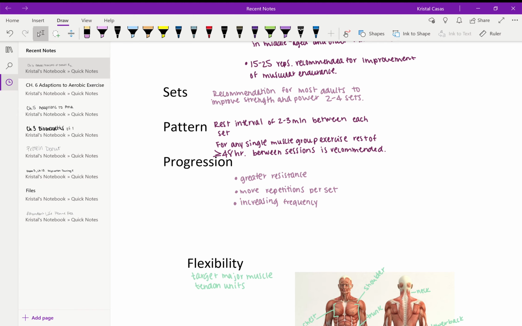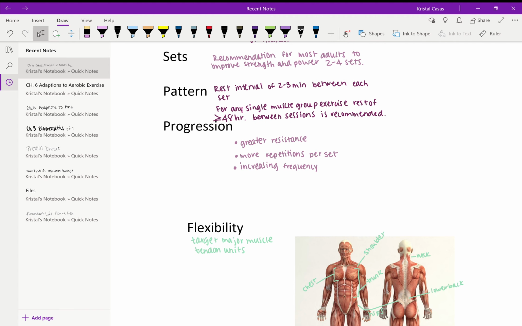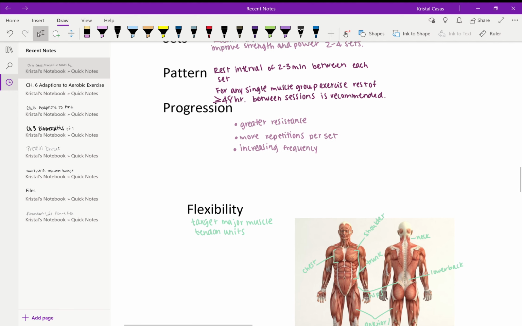Pattern, you could do an interval of resting, and after doing resistance exercise, you also want to let that muscle group rest for 48 hours until you work it out again. Progression, you will get greater resistance, more repetitions per set, so that would be the endurance kicking in, and you can also increase frequency.